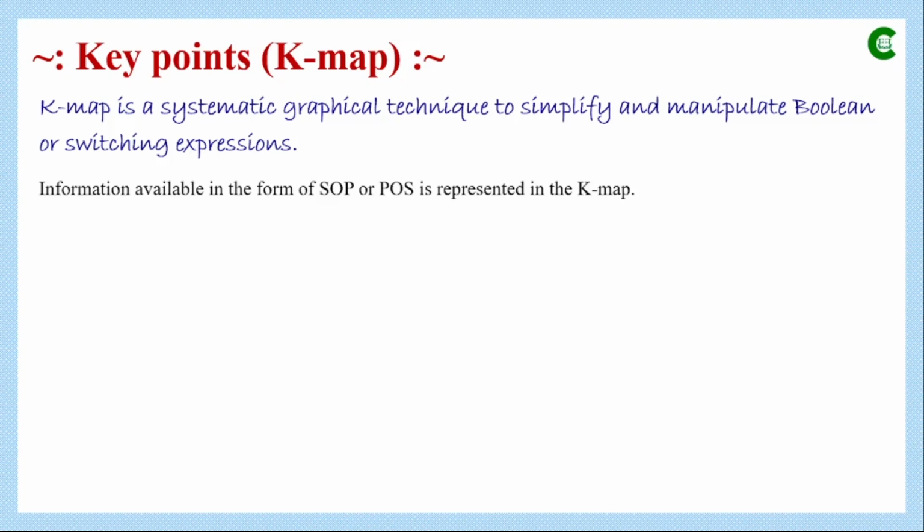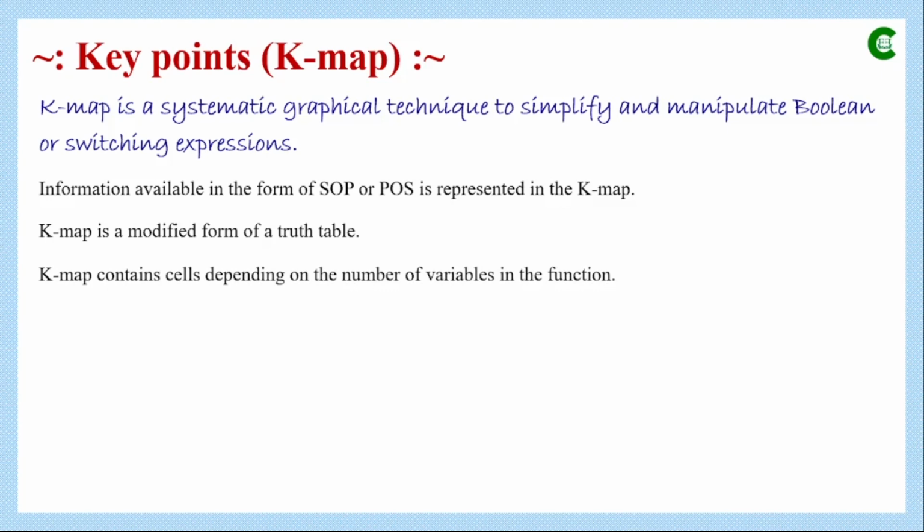Now, when we will be simplifying Boolean expressions, definitely that will be given either in the SOP form or POS form. That means in terms of Minterms or Maxterms. K-map is a tabular form where we have multiple rows and multiple columns. That means a K-map will have multiple cells. And how many cells it will have depends on how many variables that particular function is represented by.